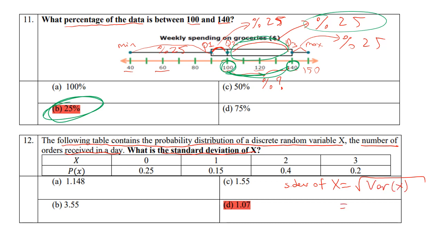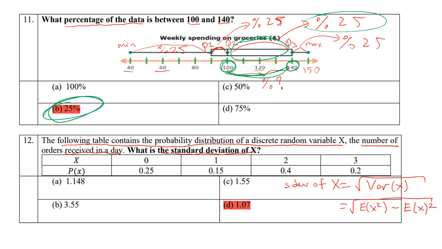So what is the variance? It is the expected value of x squared minus the square of the expected value of x.